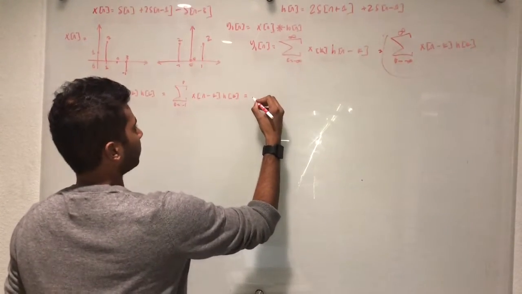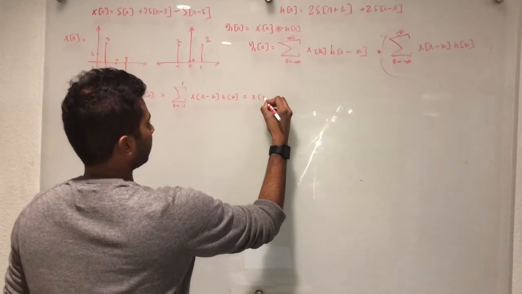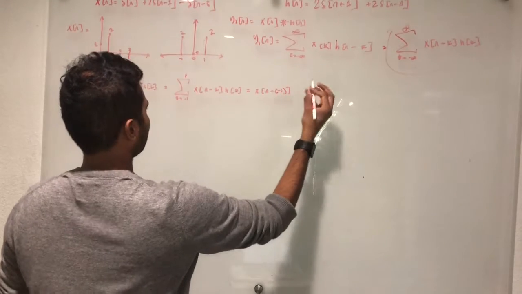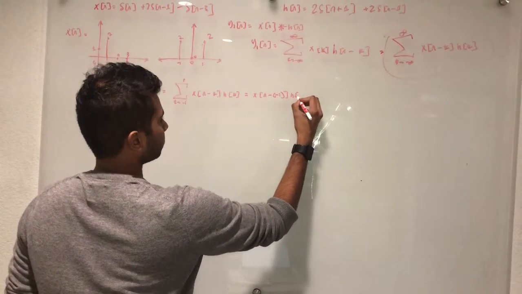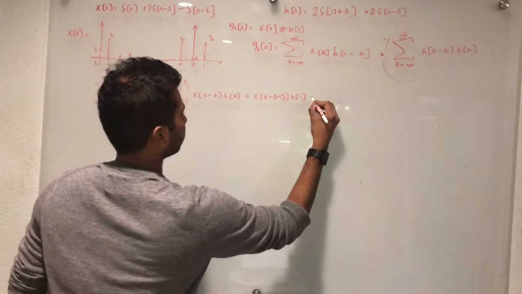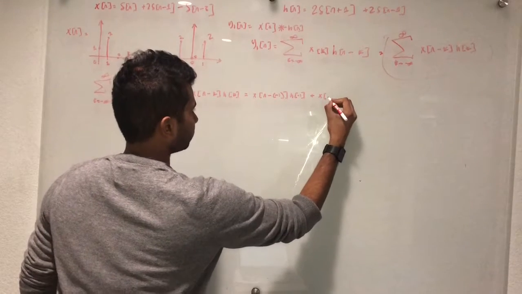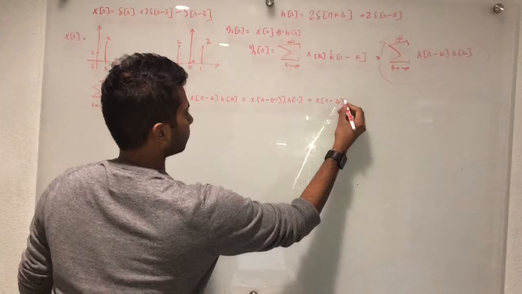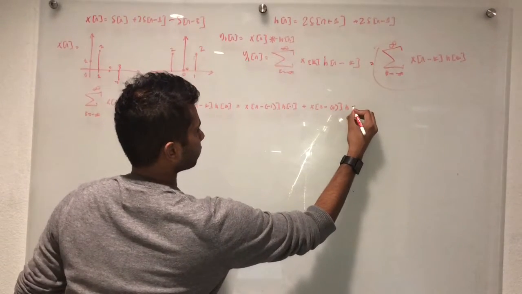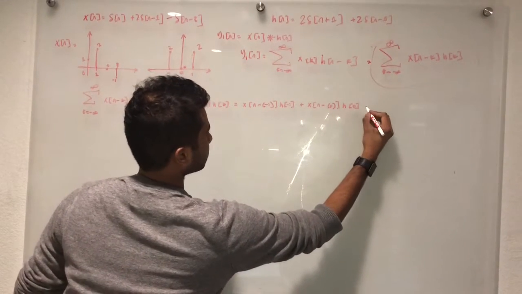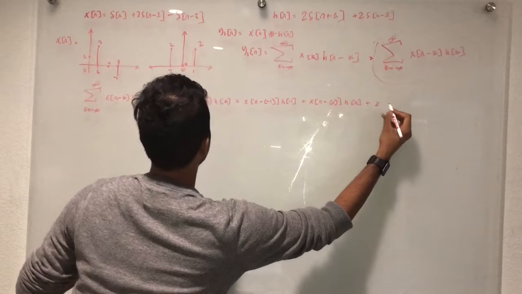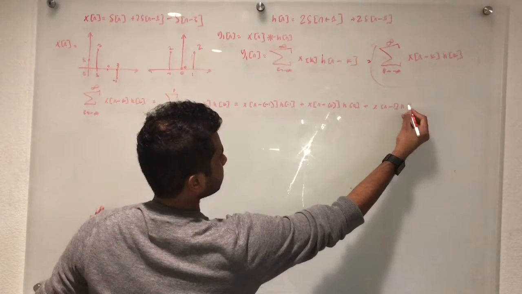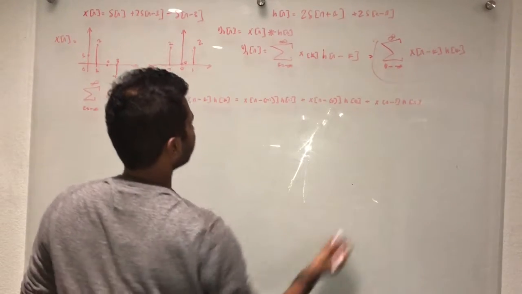So we have x of n minus -1 times h of -1, plus x of n minus 0 times h of 0, plus x of n minus 1 times h of 1.